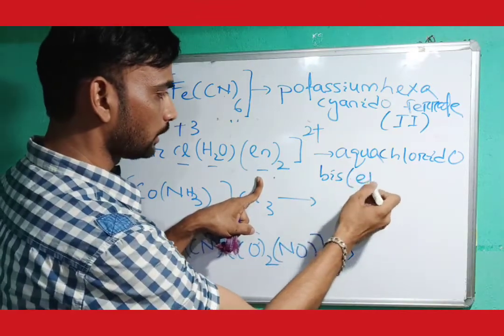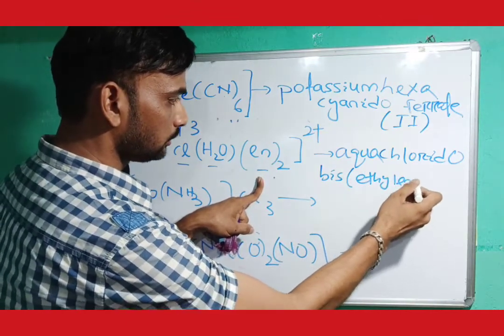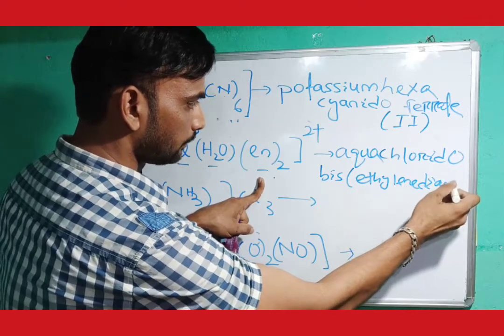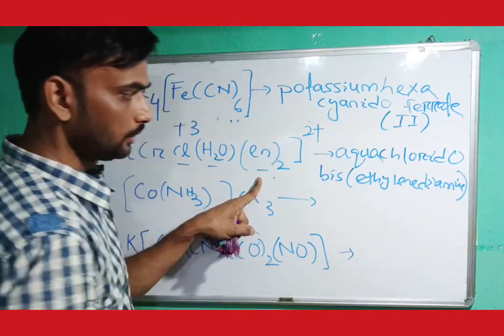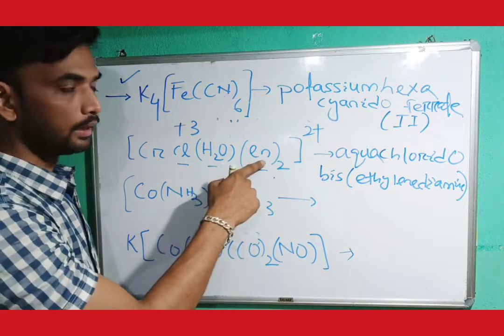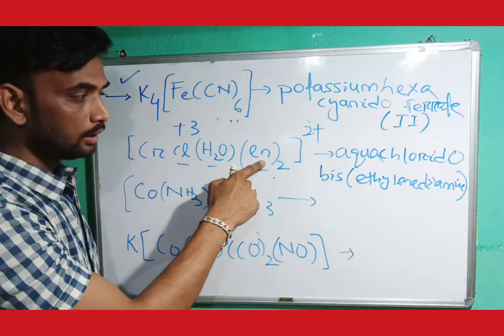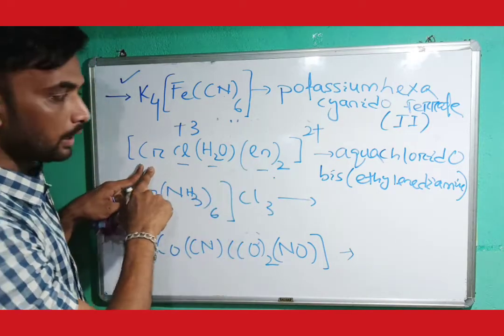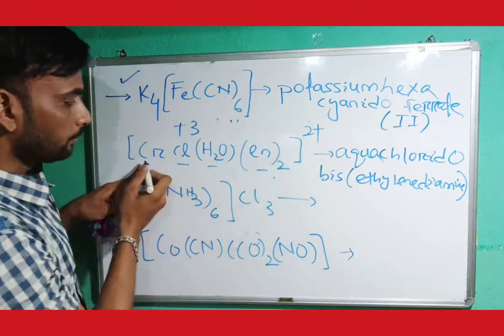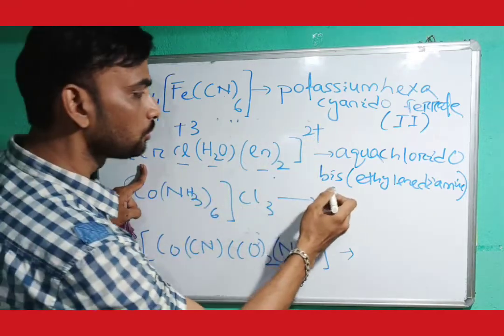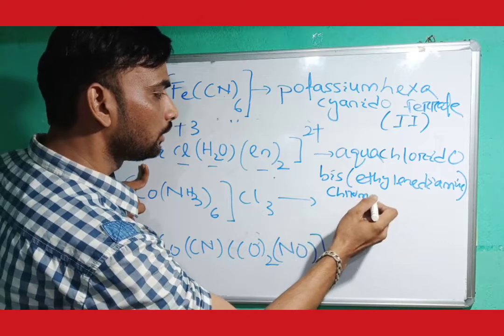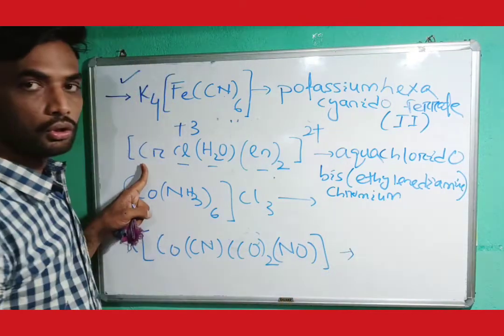In the square bracket, again you can write the complete name, that is bis ethylene diamine. Clear? Then after that, go to the metal atom. Here, in the positive part the metal atom is present, so it is simply written as chromium.